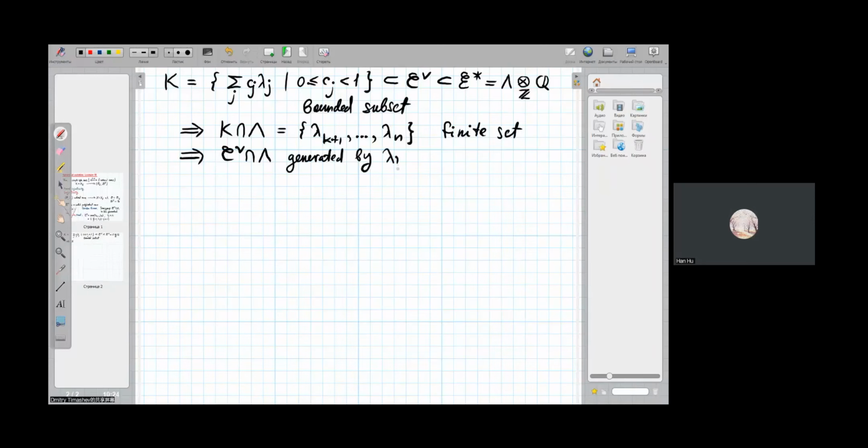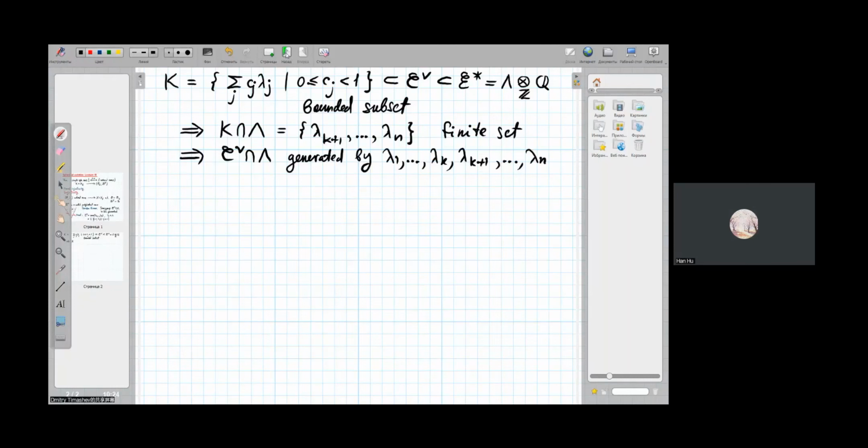First you have to take lambda 1, etc., lambda k, and then you have to add these vectors in the finite subset, in the bounded subset big K: lambda k plus 1, etc., lambda n. So why is it so? Why is this semigroup generated by these vectors?